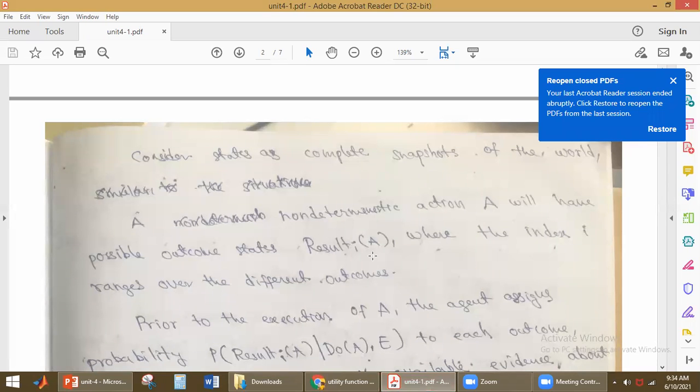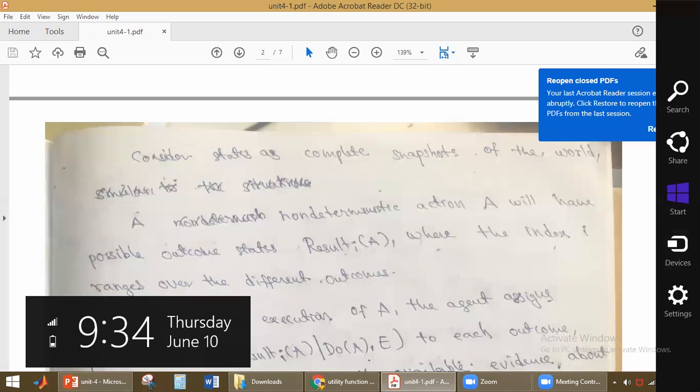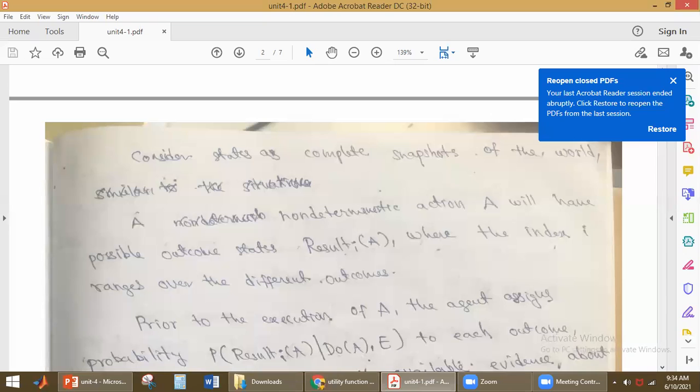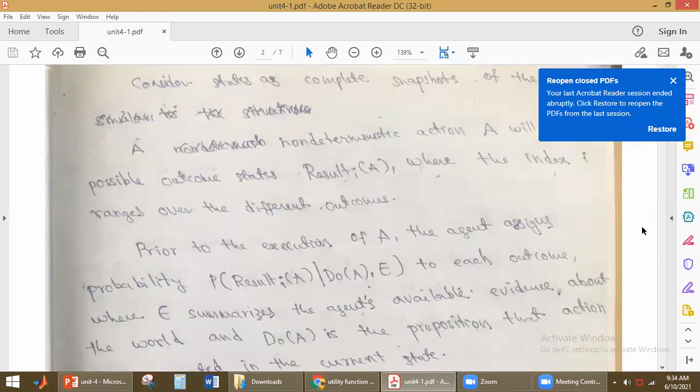What is I here? I is the range over different outcomes. So what are the outcomes we are getting by performing that particular action? That is denoted by I. So it is the range of the different outcomes that we'll be getting. So here, what does the agent have to do? Before executing A, the agent has to assign the probabilities to each outcome.